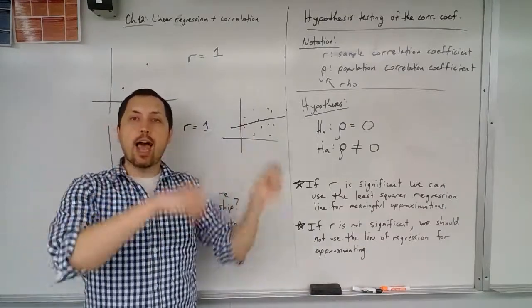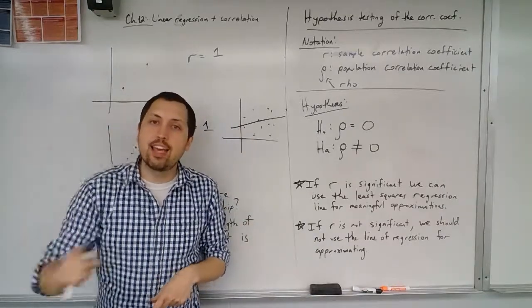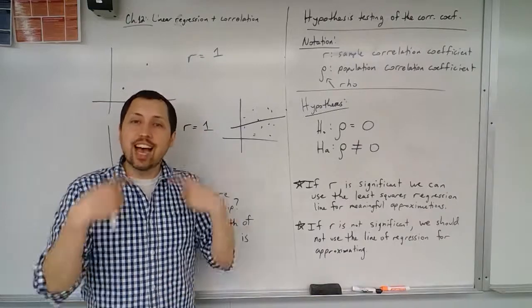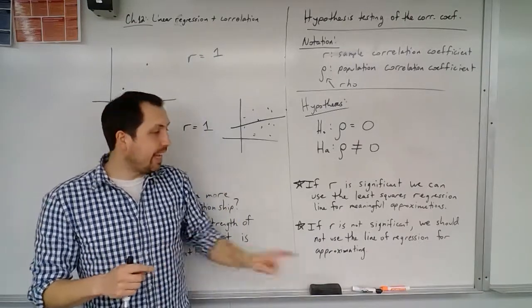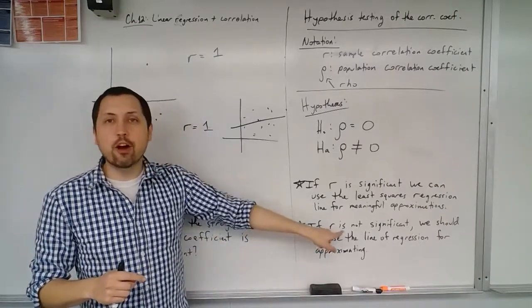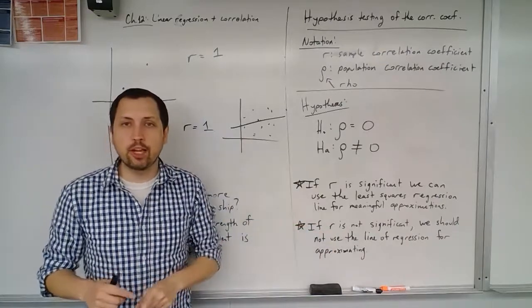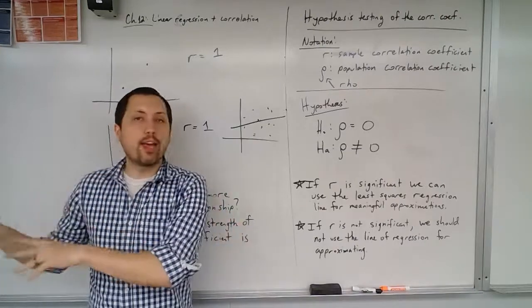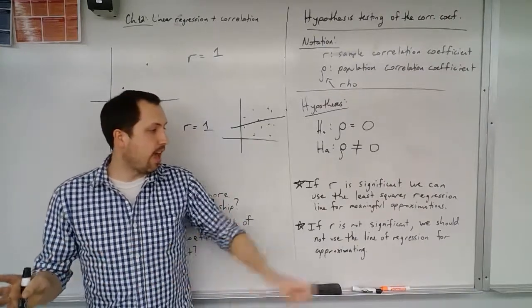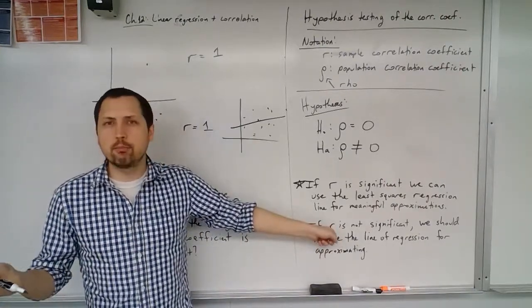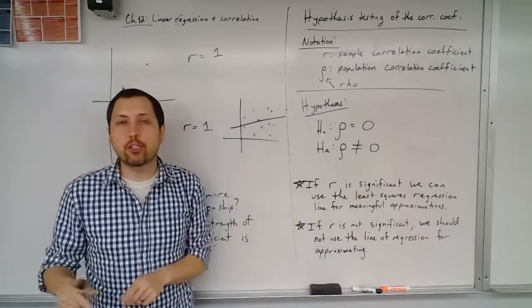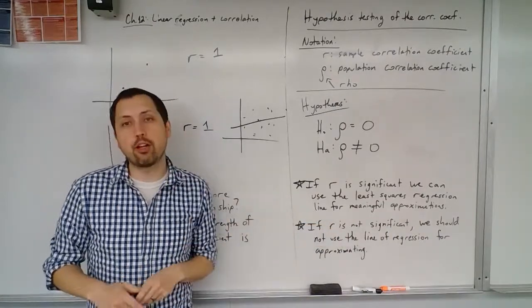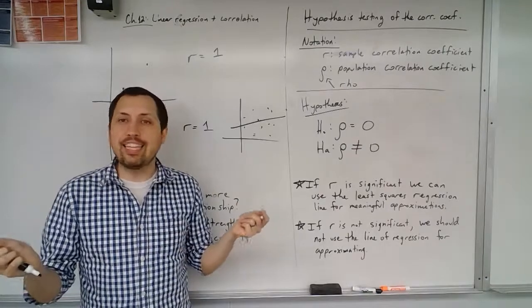So then thinking back to when we talked about interpolation and extrapolation, this ties in as well. If R is not significant and we're doing interpolation, we shouldn't trust it anyways. So interpolation isn't always the thing that we can trust. If R is not significant, interpolation doesn't matter. But if we're doing extrapolation, we shouldn't trust our approximations either.